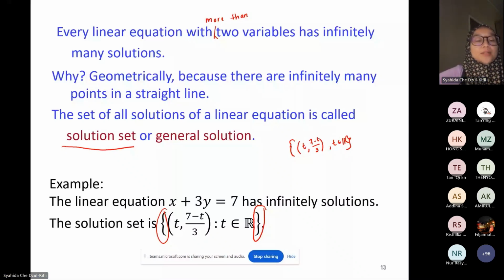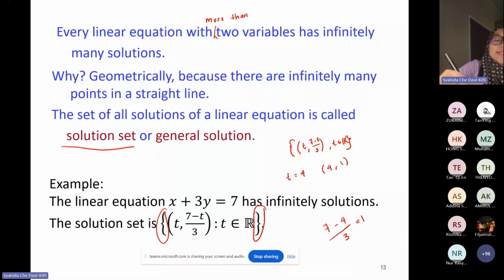So for example, if you take t equal to 4, then we are going to have 4, and (7 minus 4) over 3 is 1. So (4, 1) is one of the solutions.